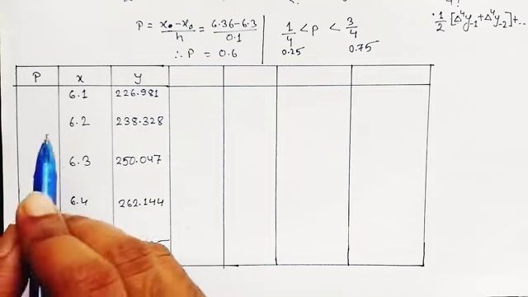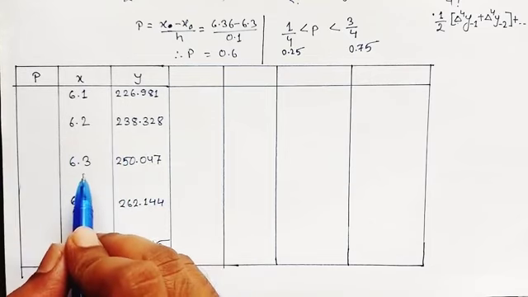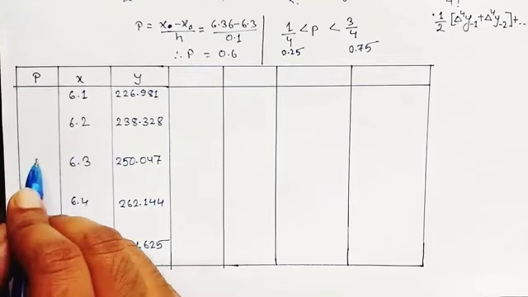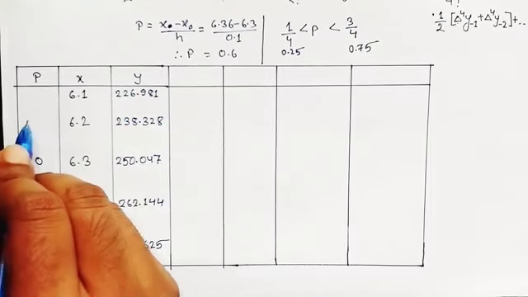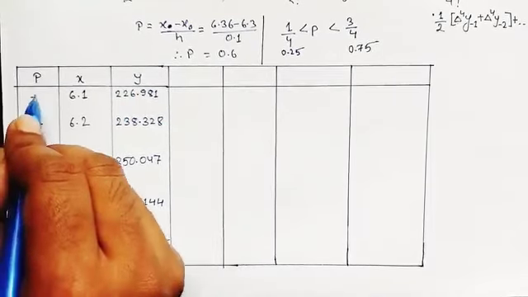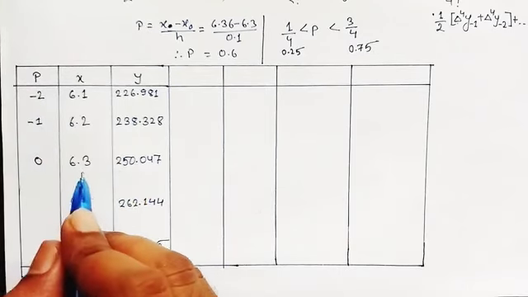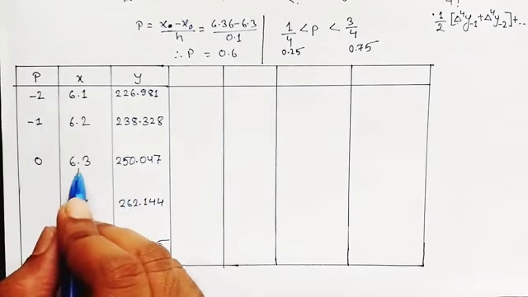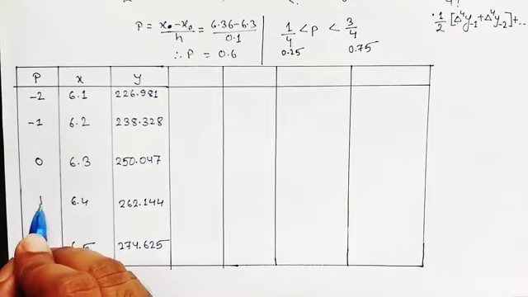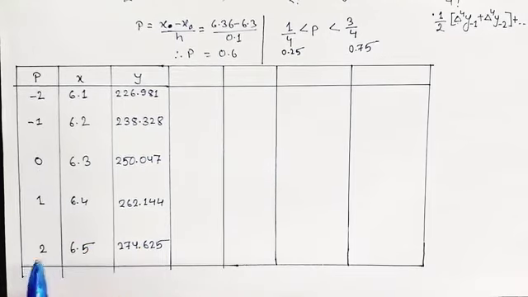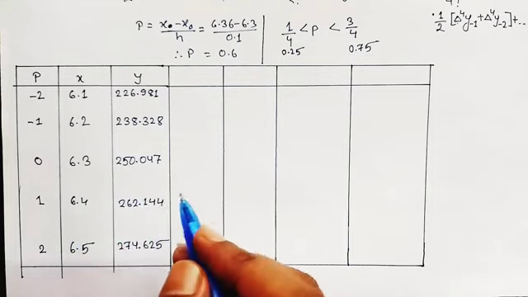Now we have taken 6.3 as x naught, so this is going to be our 0, this is minus 1 and this is minus 2. Why so? Because our 6.36 was lying between 6.3 and 6.4, so this is 0 and this is 1 and this is 2. Now we will find delta y.